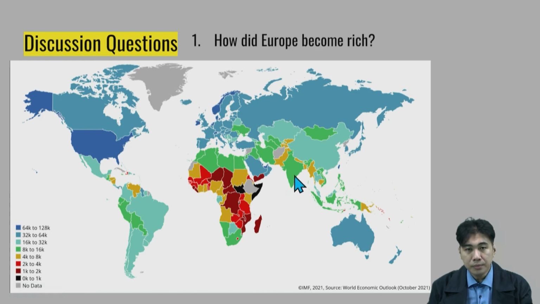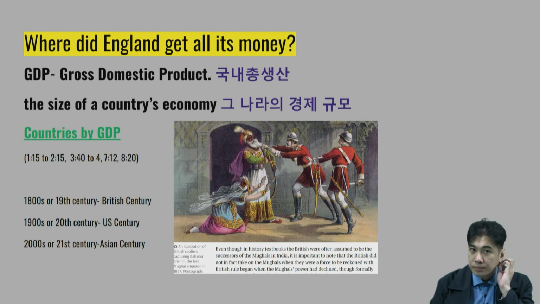So again, mainly white countries are very rich, and a few Southeast Asian and East Asian countries as well. Okay, let's move on. Where did England get all its money? I think you already know the answer to this.